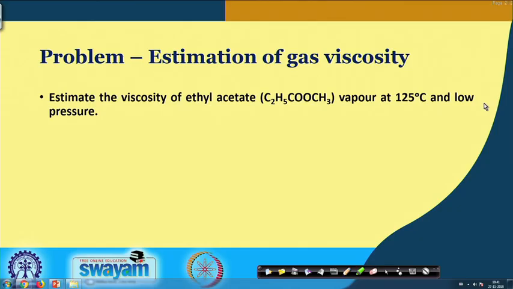Accordingly, depending on which of these three pressure zones we are in, the correlations may differ. So in this particular case, you have been asked to find the viscosity at low pressure, and you will find that the value of the pressure is not necessary to compute the viscosity. That is why the pressure value has not been mentioned in this problem.